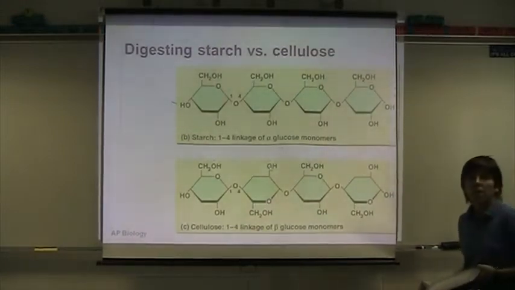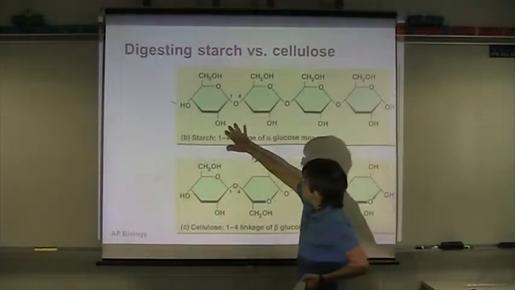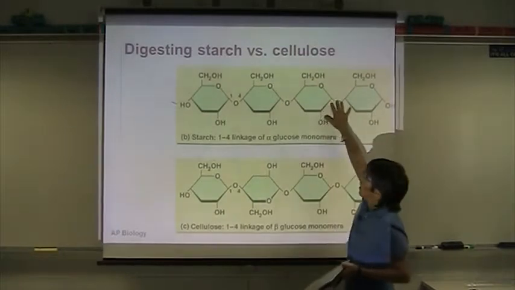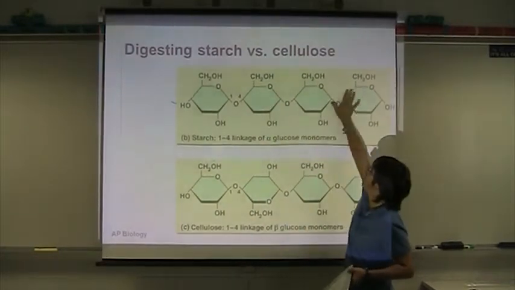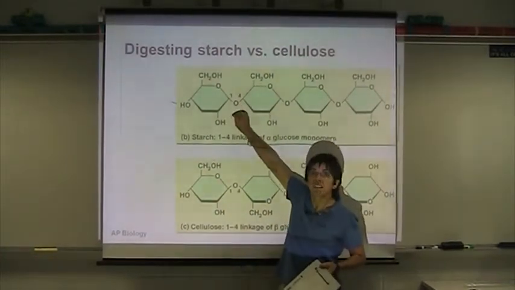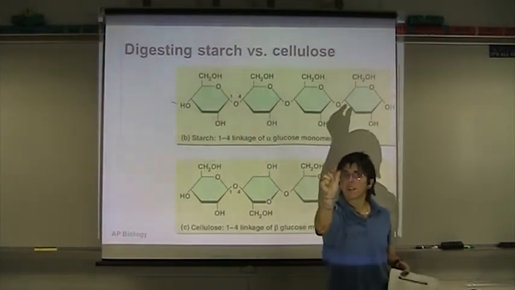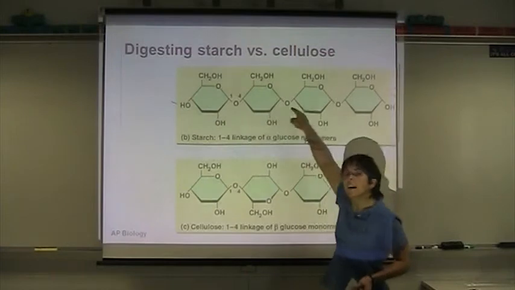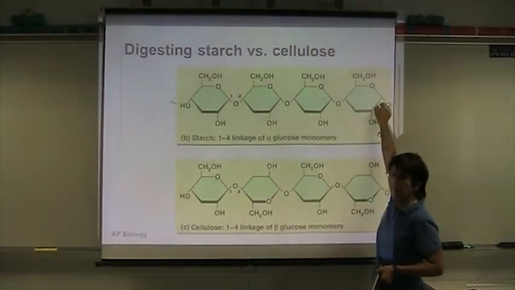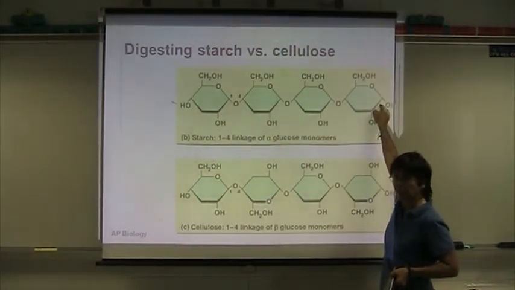So, notice here you have starch, glucose, created by the dehydration reaction. These molecules, I'm just showing you a tiny piece. There are thousands of glucose together to make starch. Right?